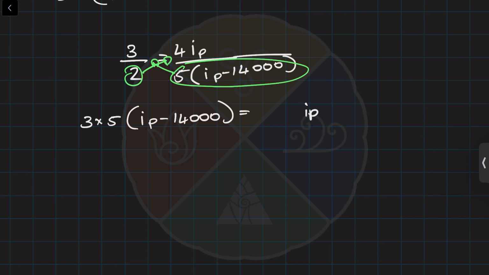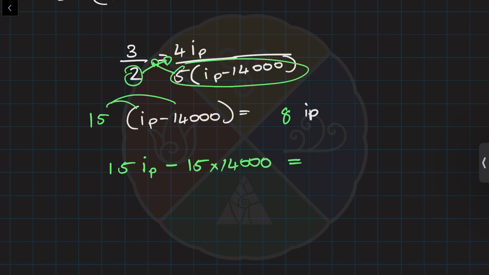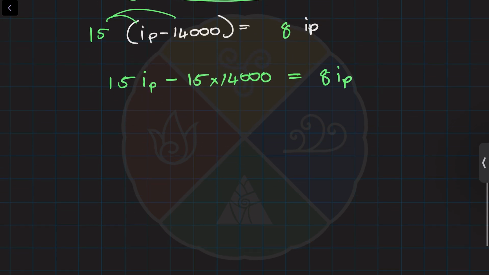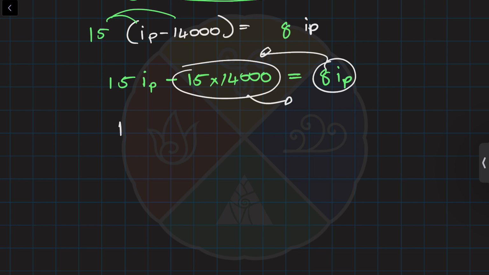2 times 4 IP is simply 8 IP. This 3 into 5 is 15. Now multiplying this inside, you are going to get 15 investment of P minus 15 into 14000. I'm too lazy to multiply, let it be like that. 8 investment of P. Taking this to the left and this entire value to the right, 15 IP minus 8 IP is going to be 15 into 14000.